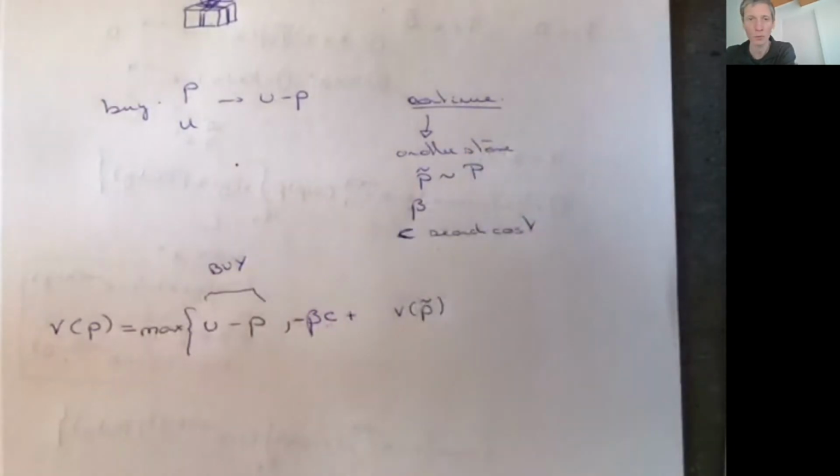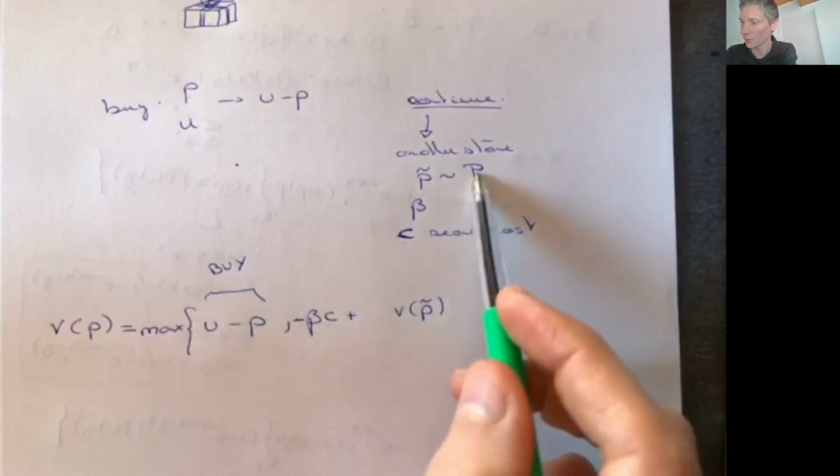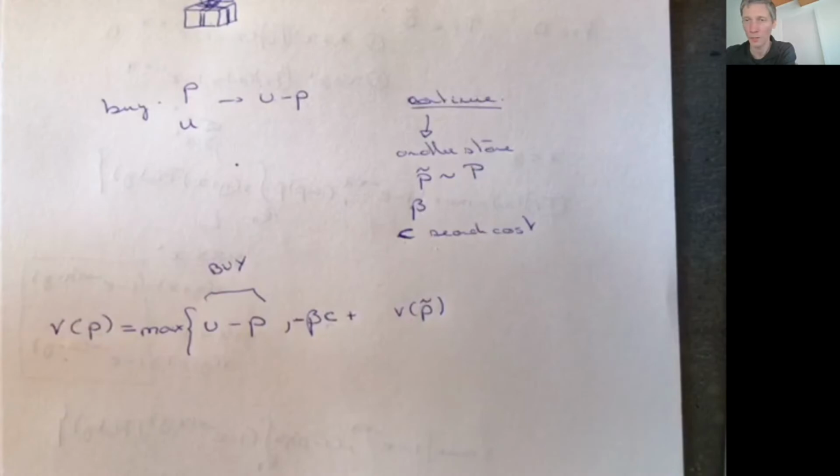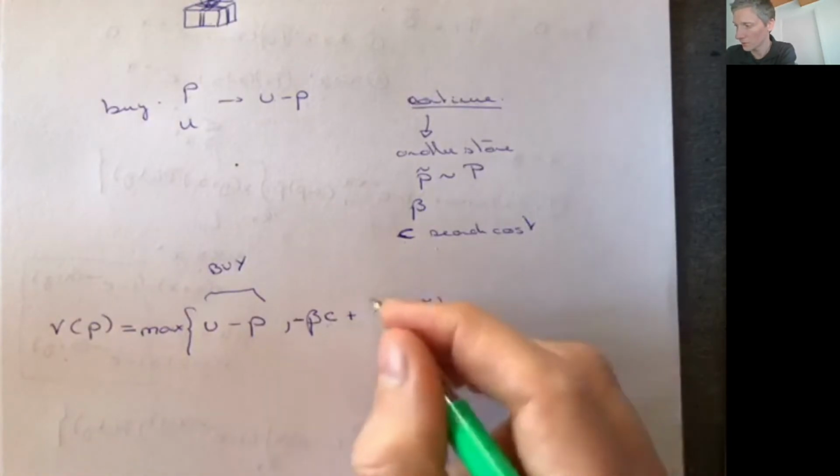Maybe distributed according to some probability distribution P. And let's assume that P doesn't depend on this P here. So it's a random variable, and this distribution doesn't depend on other things.